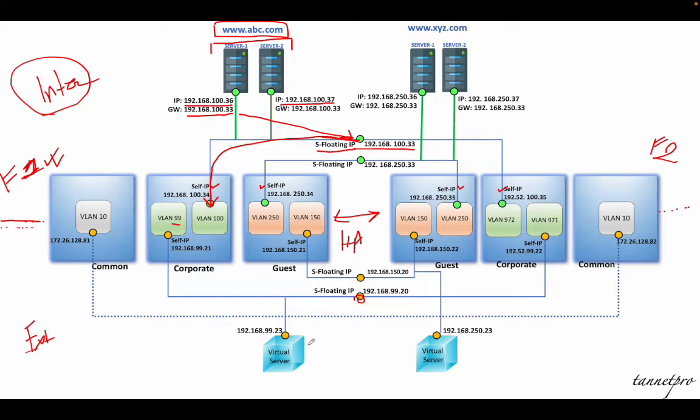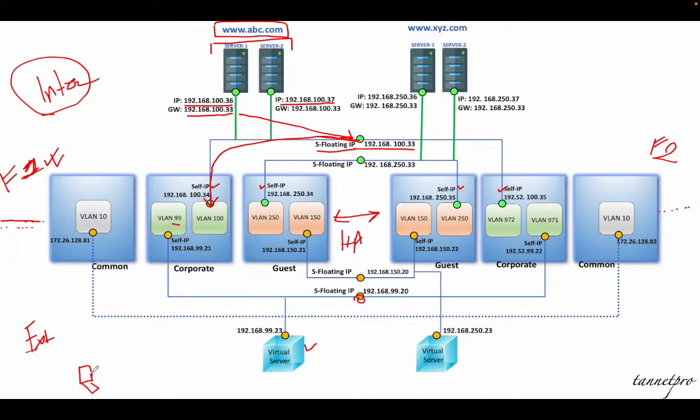So you have to create a virtual server, as I explained earlier. Hope it is clear to everyone, right? So this is the virtual server, and this virtual server is connected to your external. Let me try to explain a little more over here.